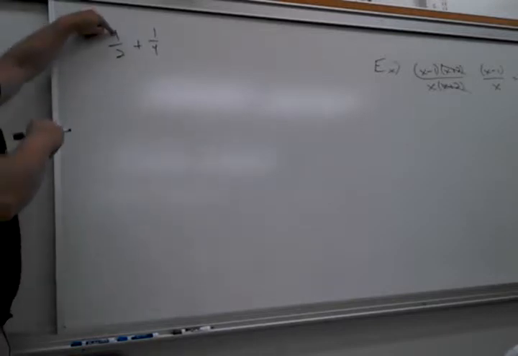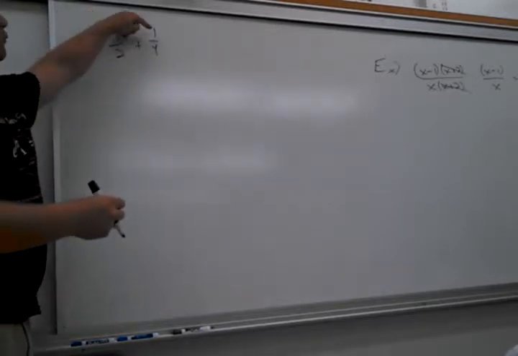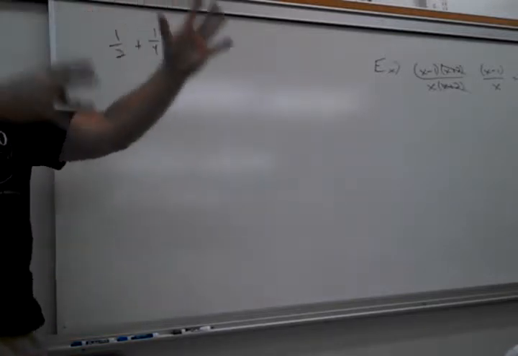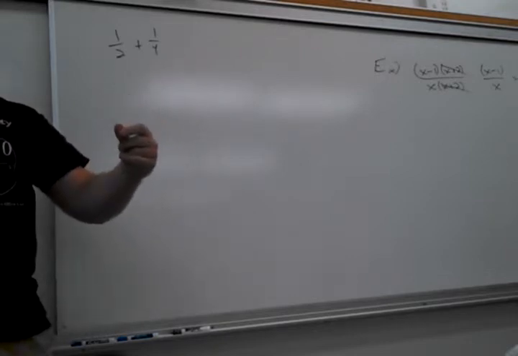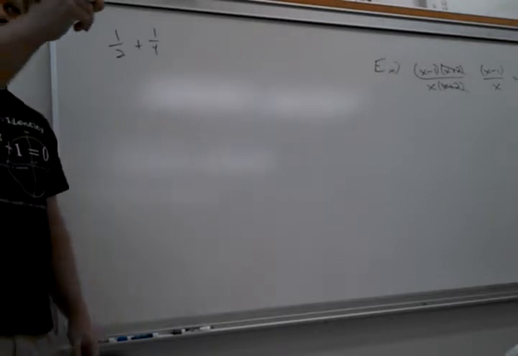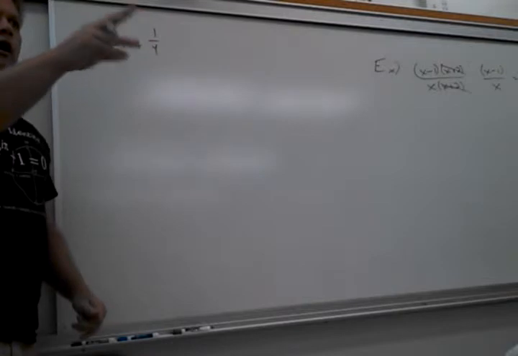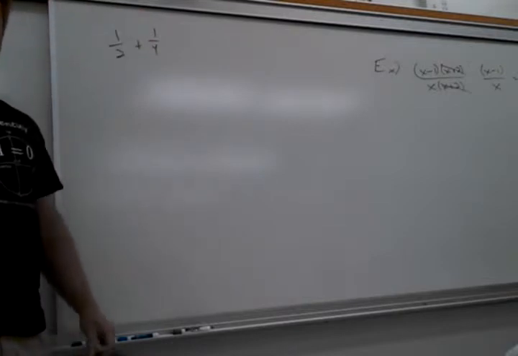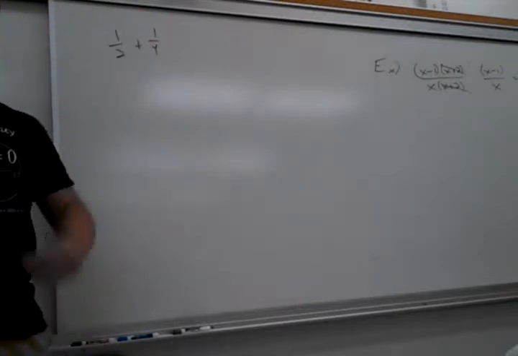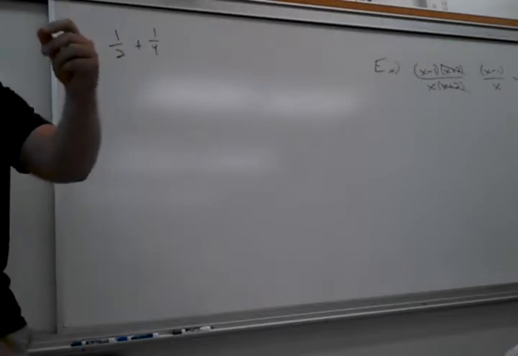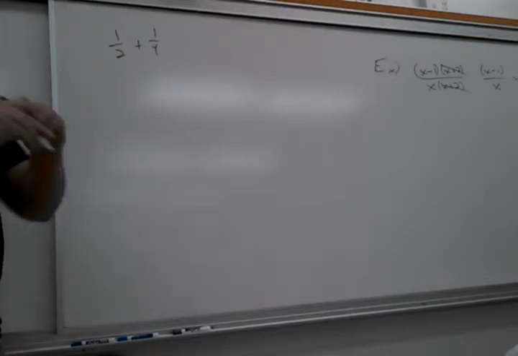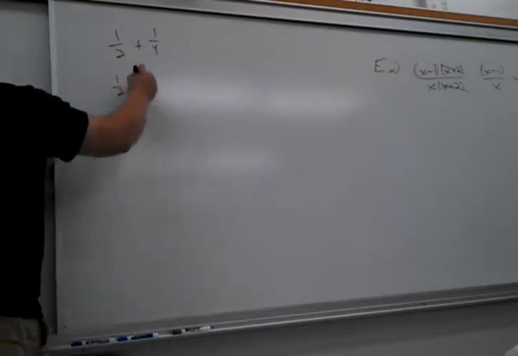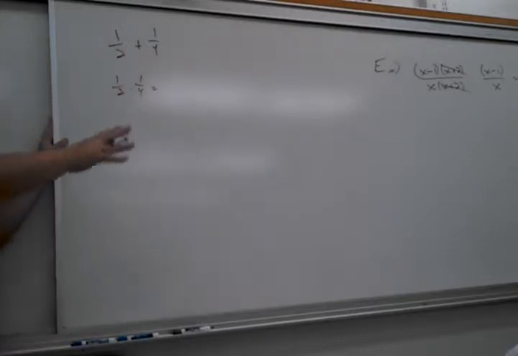So here I have 1/2 and 1/4. It's like 1x plus 1y. They're not like terms. I need like terms when I add and subtract. I don't really need like terms when I multiply or divide. That's why I don't need an LCD when I multiply or divide. So if I had 1/2 times 1/4, that's easy. What's that? 1/8.